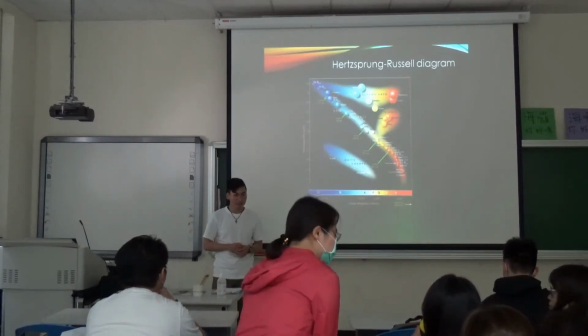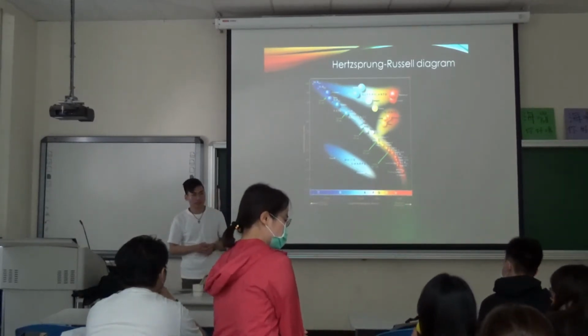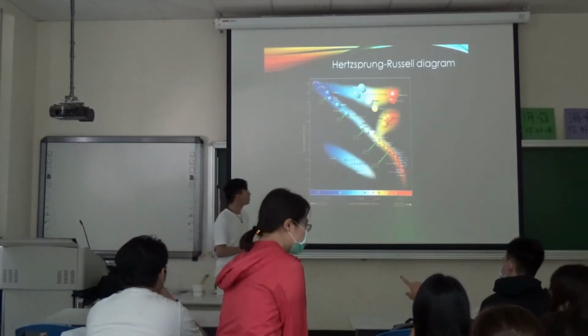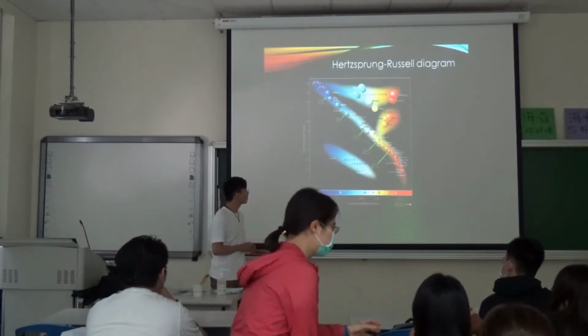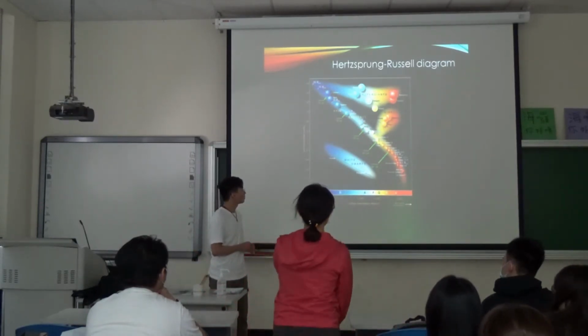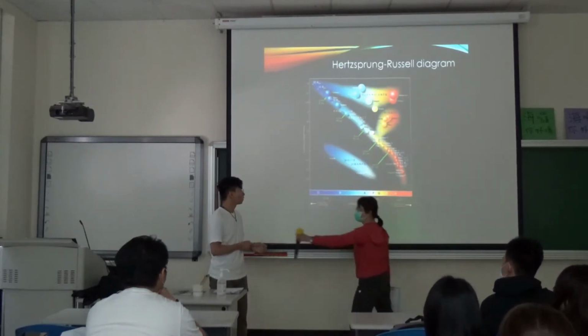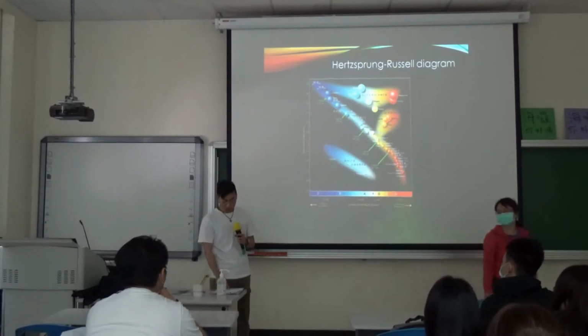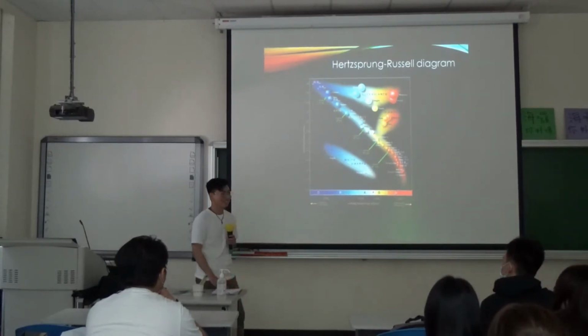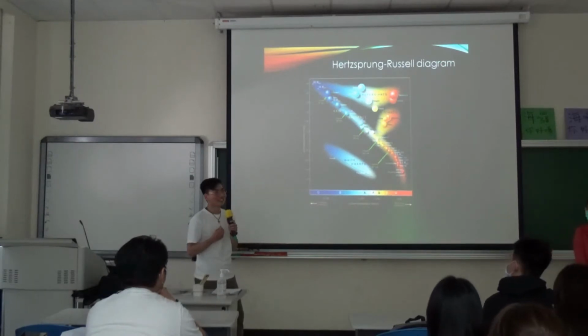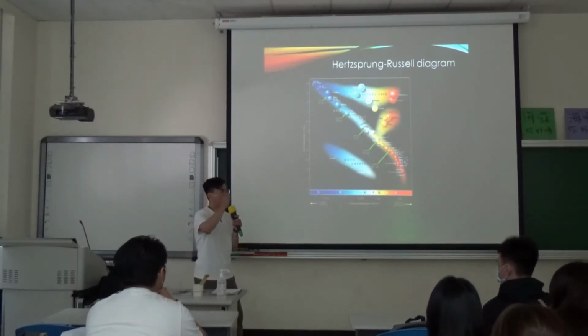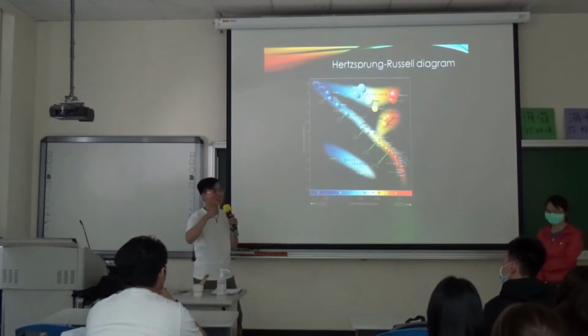White dwarf. Yeah. Can you explain why white dwarf is in this position? When it reaches the end of its life, its surface temperature will go down.